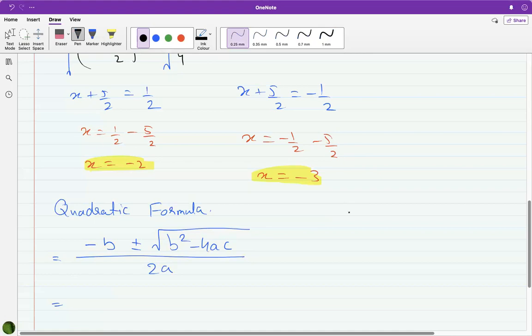Copying the equation again, that was x square plus 5x plus 6 equals to 0. If I have to write a, b, and c, can someone tell me what is the value of a?